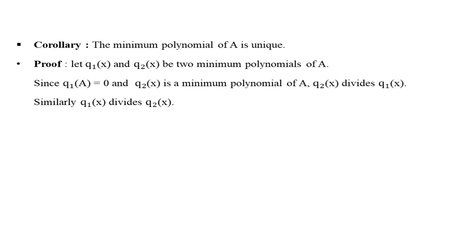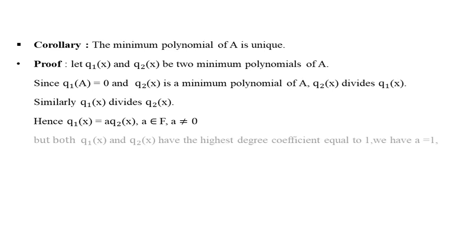So, we can write q1 of x is equal to a times q2 of x, where a is a non-zero scalar. That is by property of polynomial. Here we know that F of x is an Euclidean domain also.